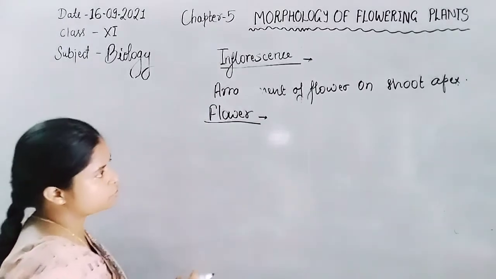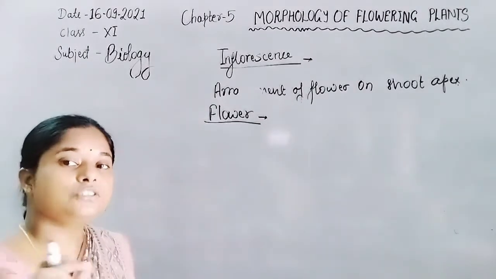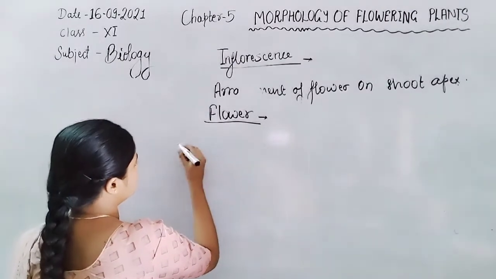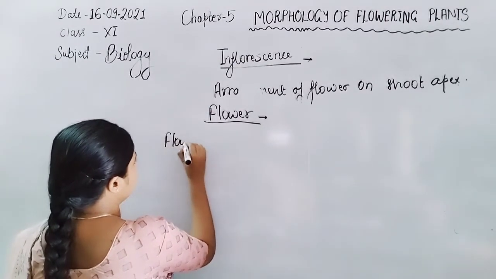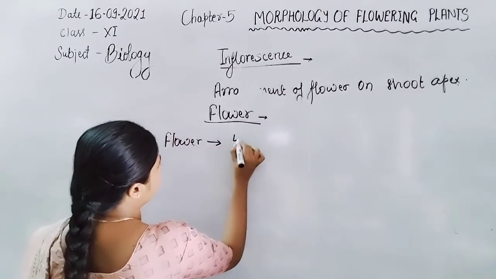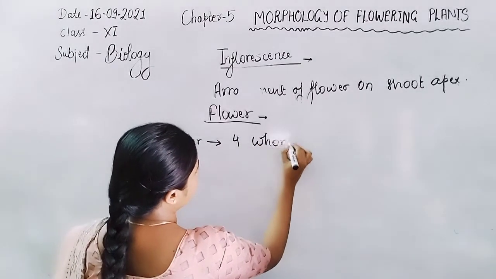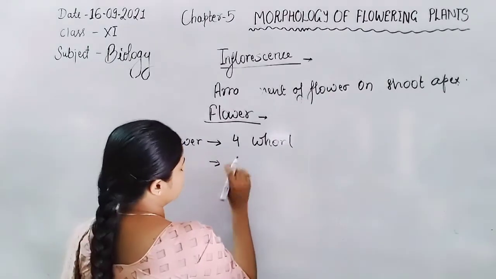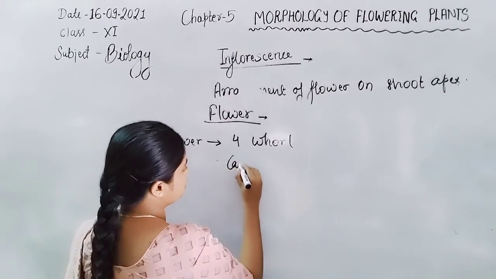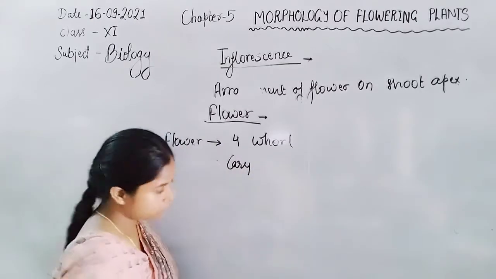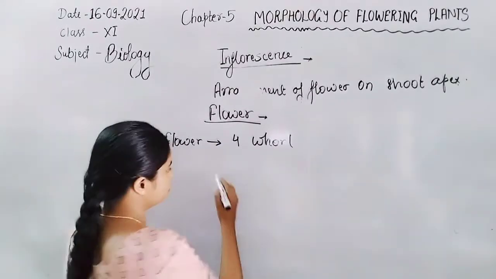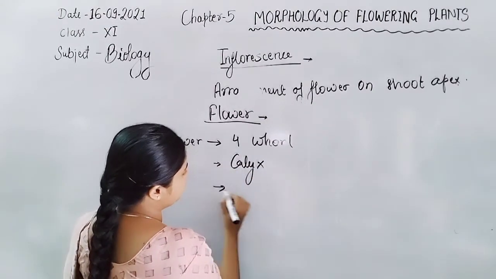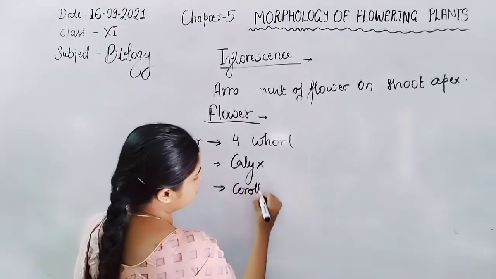Flower consists of four whorls. In the flower formed by four whorls, the outermost whorl is calyx. The second whorl is corolla.